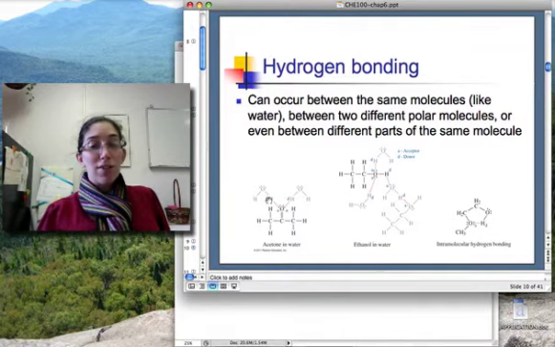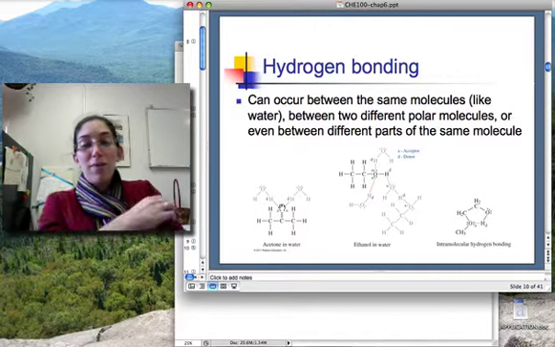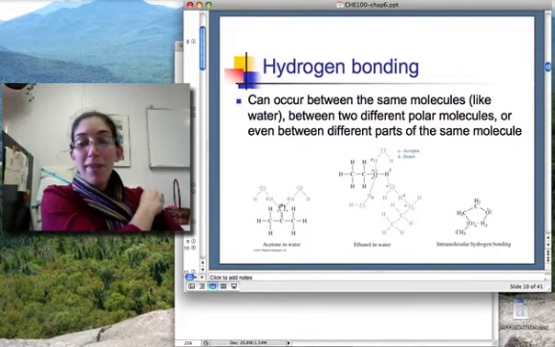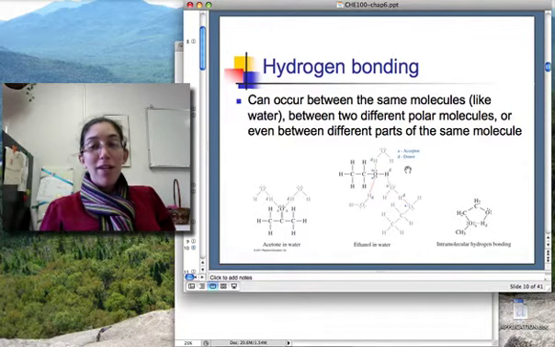Water has hydrogens that are attached to oxygen. So the partially positively charged hydrogens in water are attracted to the partially negative lone pairs on the oxygen in acetone. Ethanol is another molecule that can engage in hydrogen bonding with water in two ways, because ethanol has a hydrogen bond acceptor.